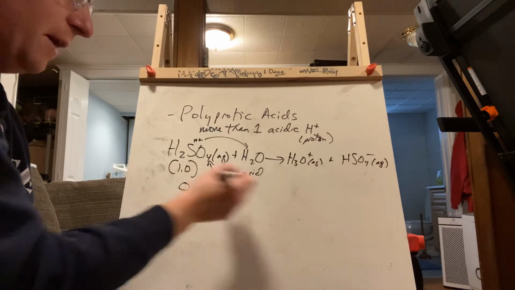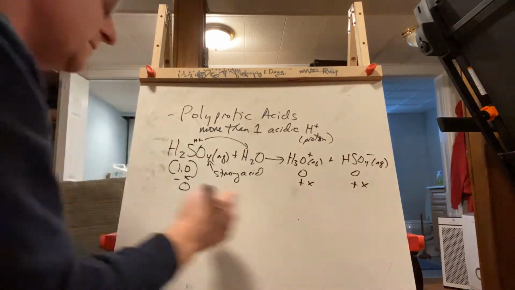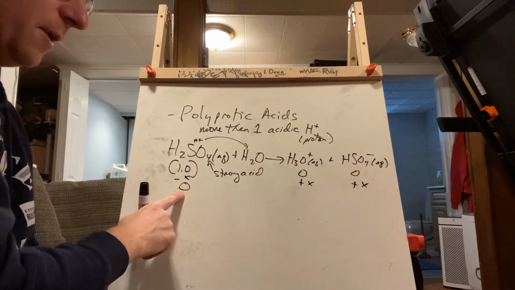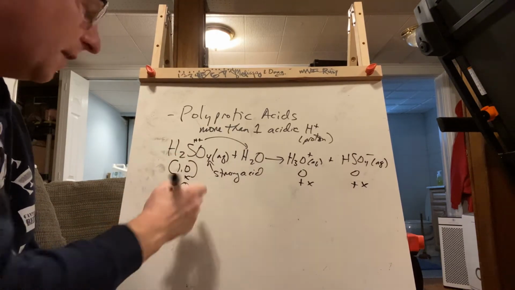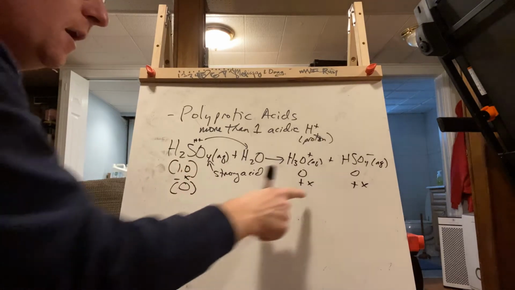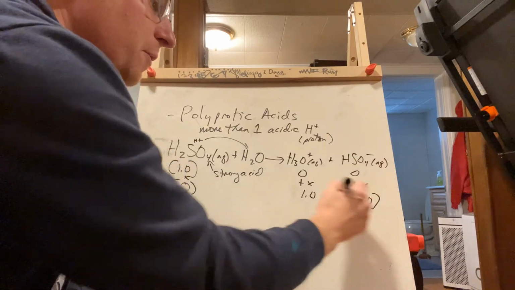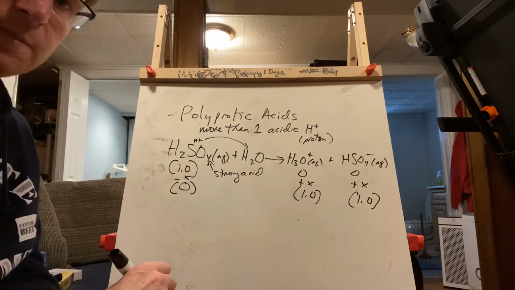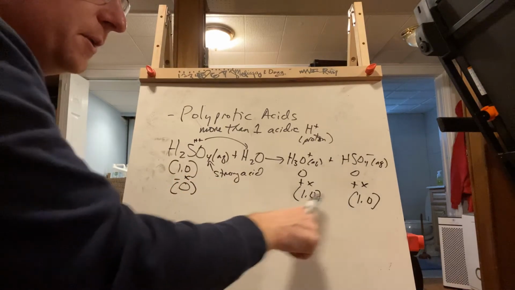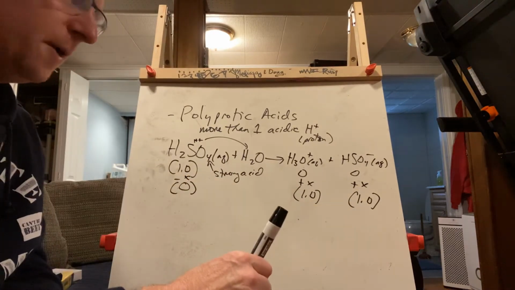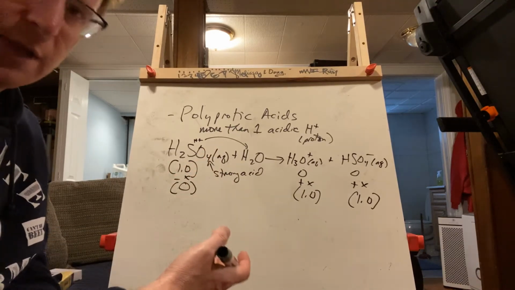If I did a minus x, plus x, plus x, I'd end up with 0 here, because H2SO4 is such a strong acid that I'm going to end up with nothing. And these are both going to be 1s. So I'm going to end up with a 1 molar here and a 1 molar there. In most cases, that's just the normal way strong acids do stuff.